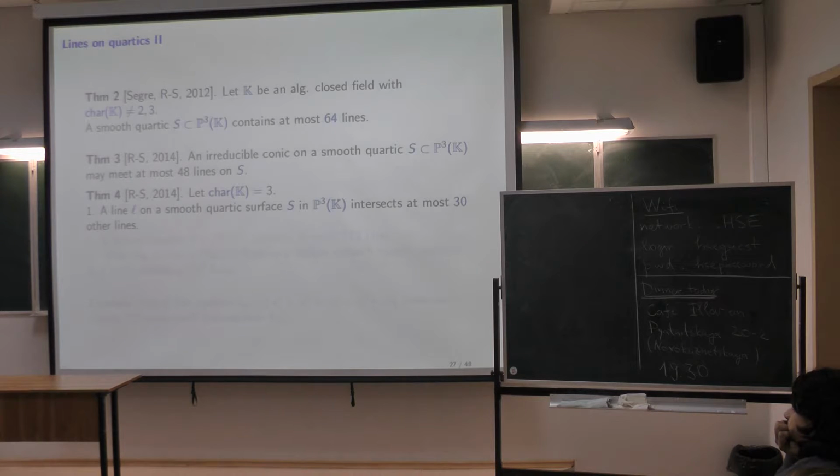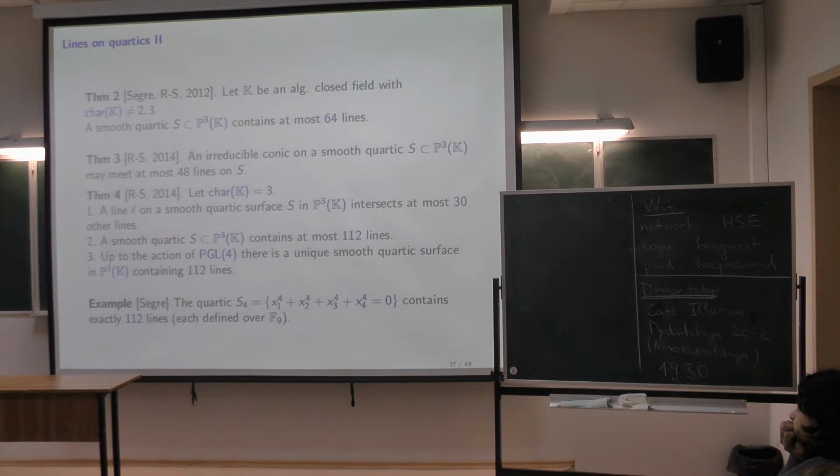This gives you 30 lines. And then you get a bound of 112, and this surface is unique. It's unique up to PGL action, and it's unique as a K3 surface. The example was known already to Segre.